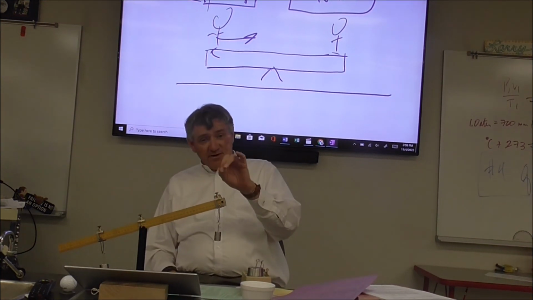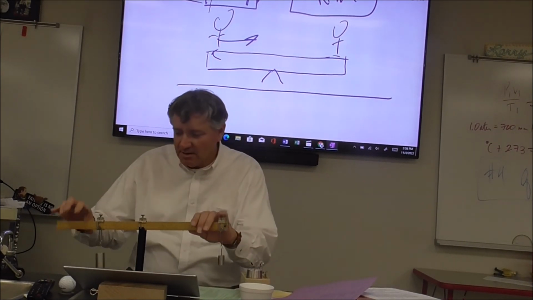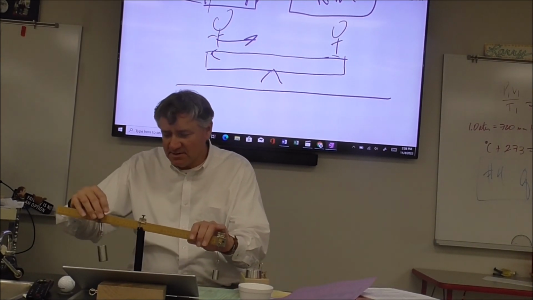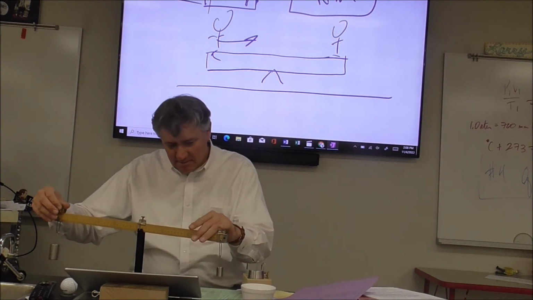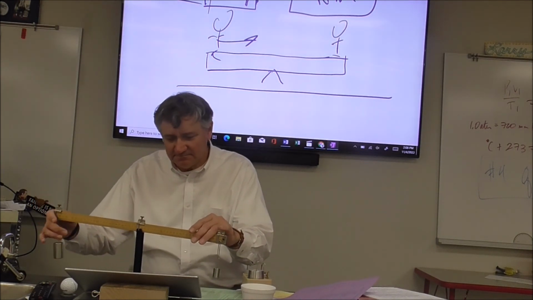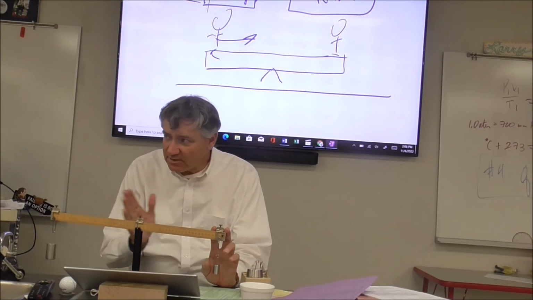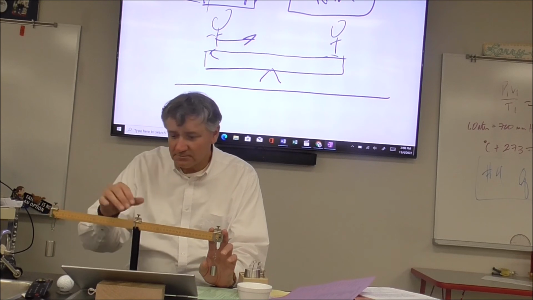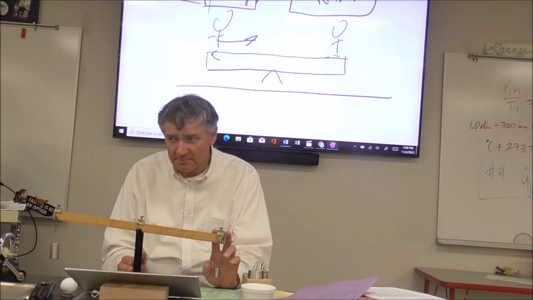So that's one scenario. Now, what if we had this scenario? Imagine this is me out here, and we have to get two Jacksons. But we can change the fulcrum. So we can change where it balances. Move you closer to the fulcrum.